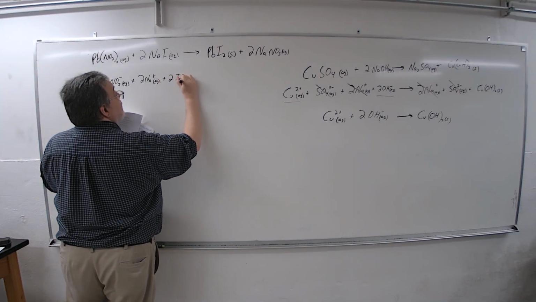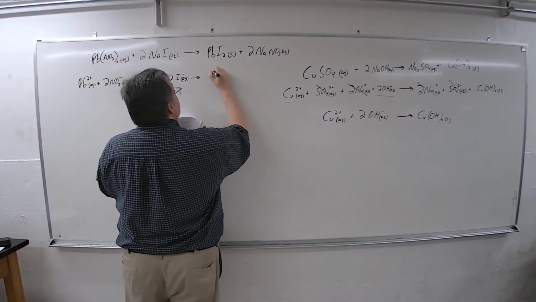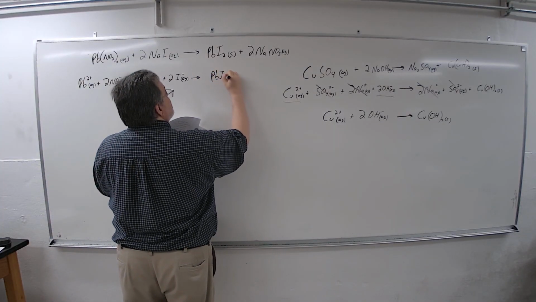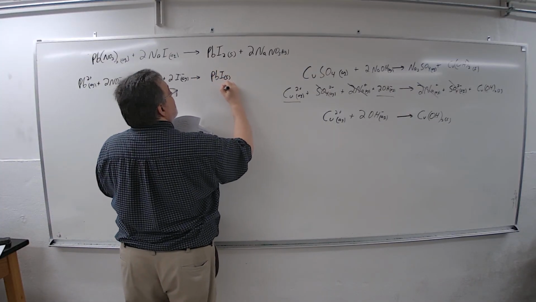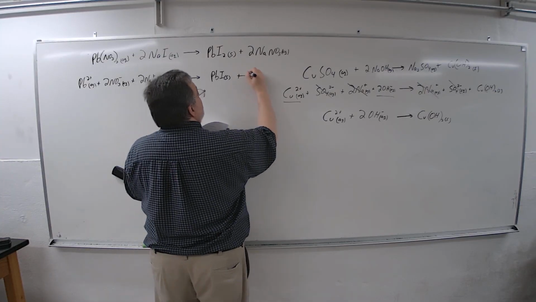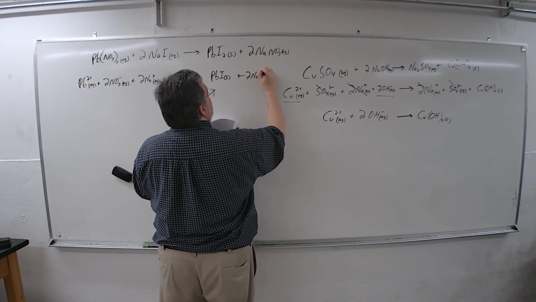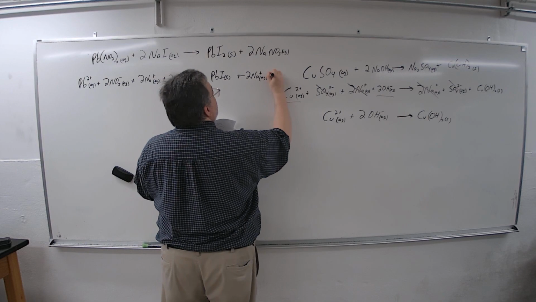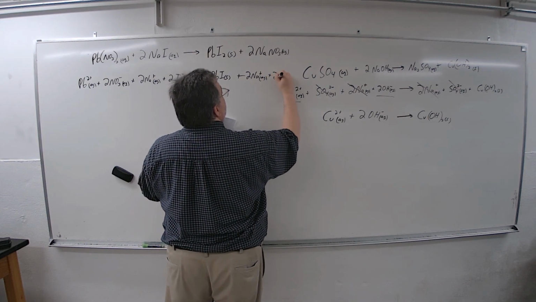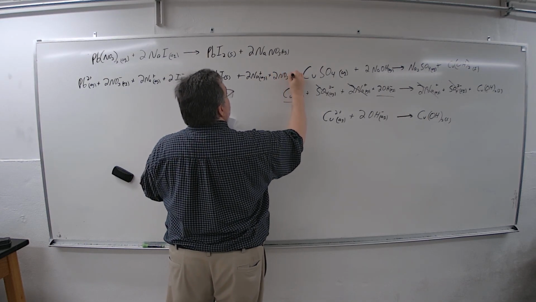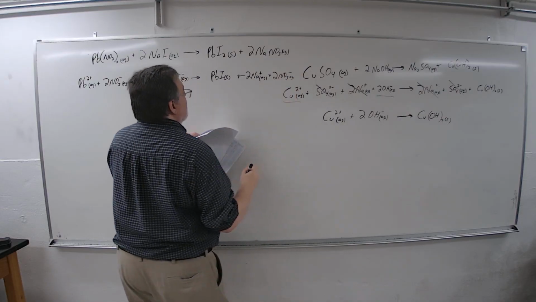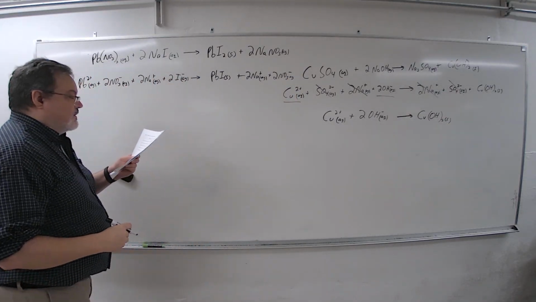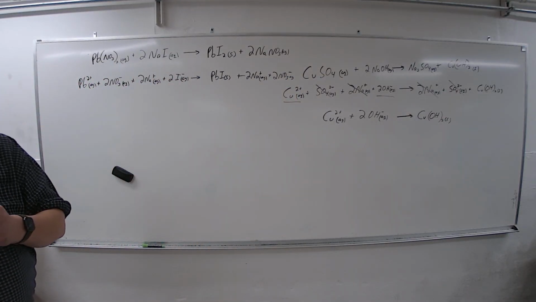So now the total ionic equation is Pb2 plus aqueous plus 2NO3 minus aqueous plus 2Na plus aqueous plus 2I minus aqueous.